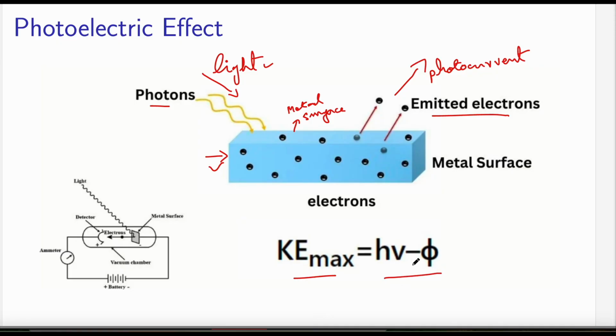So that means if h nu is less than phi, it implies no emission, no photoelectric effect.